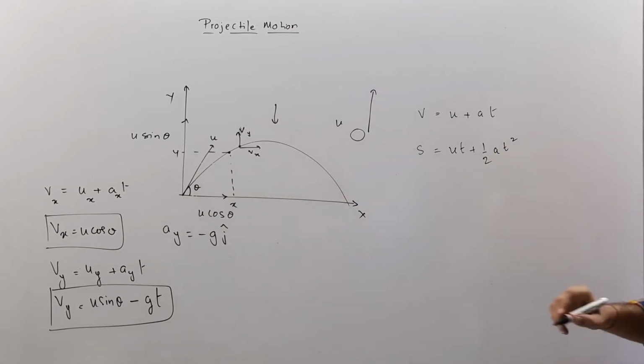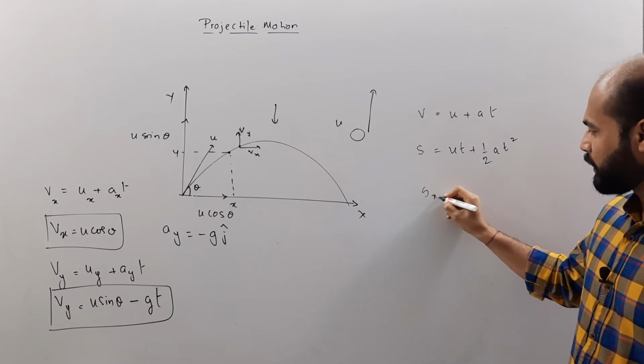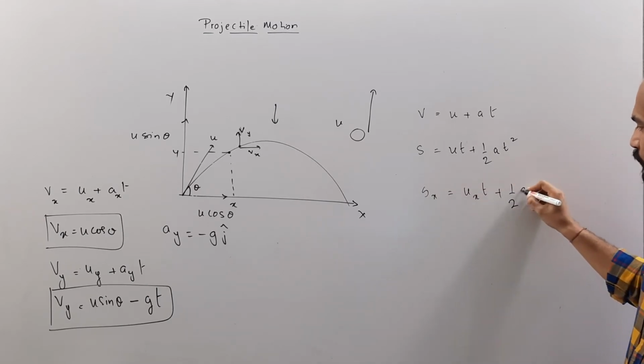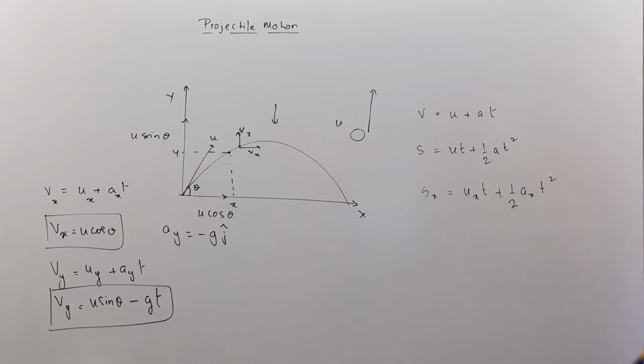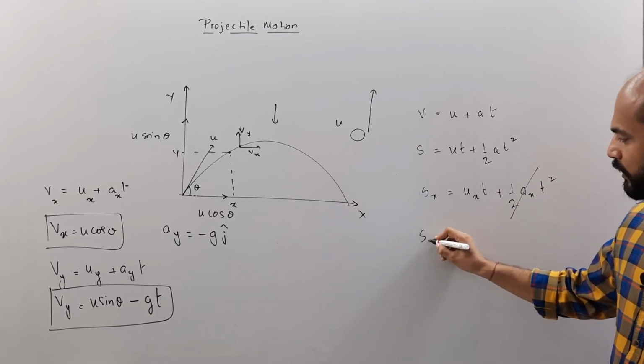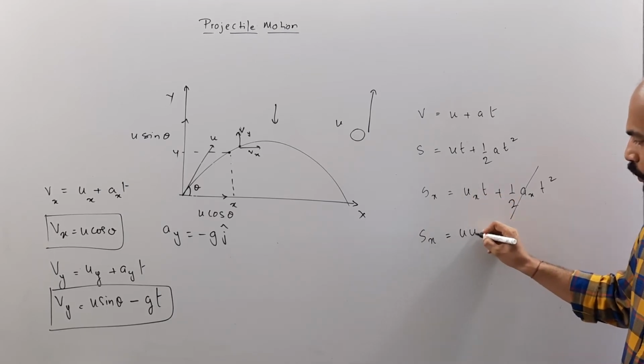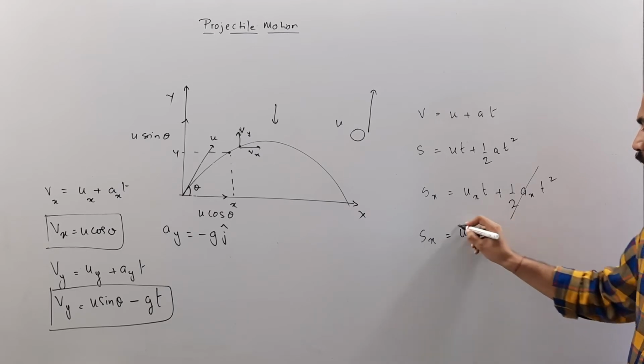So if I see this equation now, I'm going to write Sx is going to be uxt plus half ax t square. And now we know that ax is again going to be 0. So let's wipe it off. So Sx, the displacement in the x direction, is going to be ux, that is u cos theta, into t.